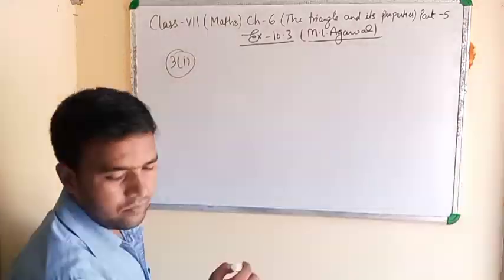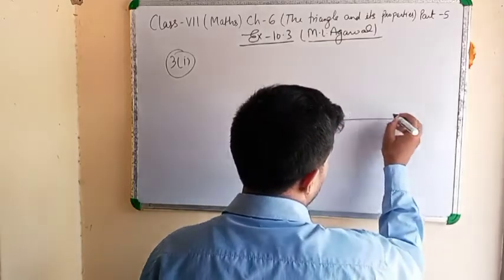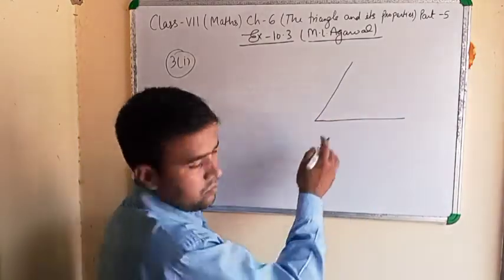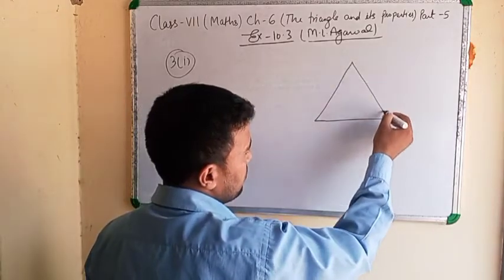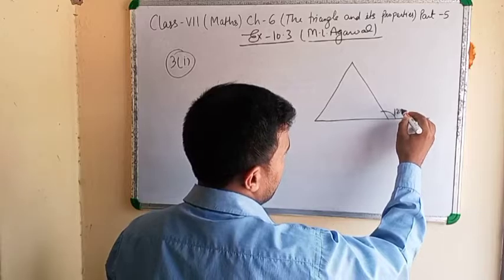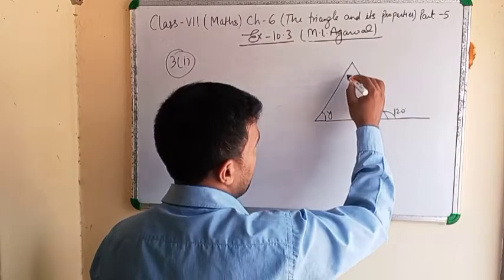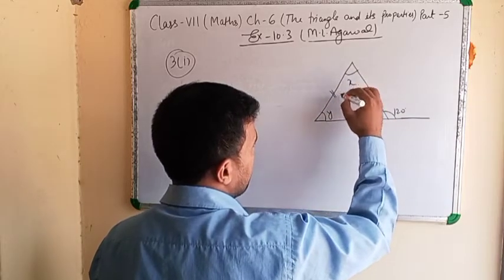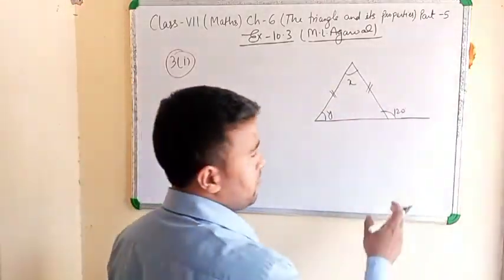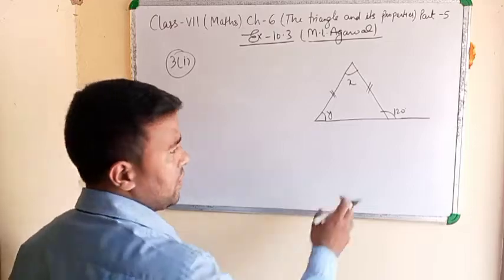Next one. It is 120, it is y, it is x. See, we can write a linear pair here.